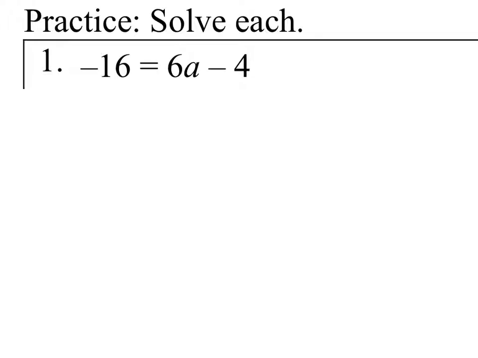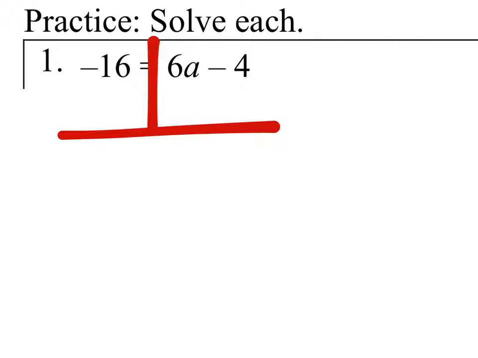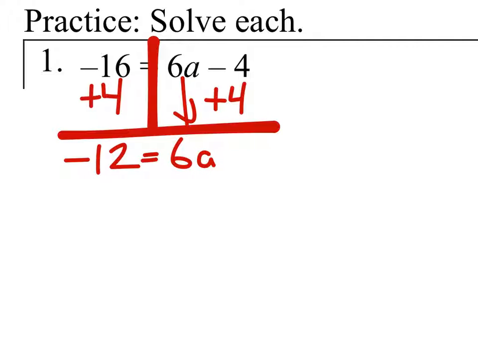All right, so to solve with these, right here, I got this upside down t right here. Now, if we can just compare 6 a's to some number, then we should be able to figure out how much each a is worth. So we can't have that minus 4 there. So how do we get rid of it? We need it to be 0, so we're going to add 4 to both sides of the equation. So we'll drop this 6a, and now this equals negative 16 plus 4, which is negative 12.